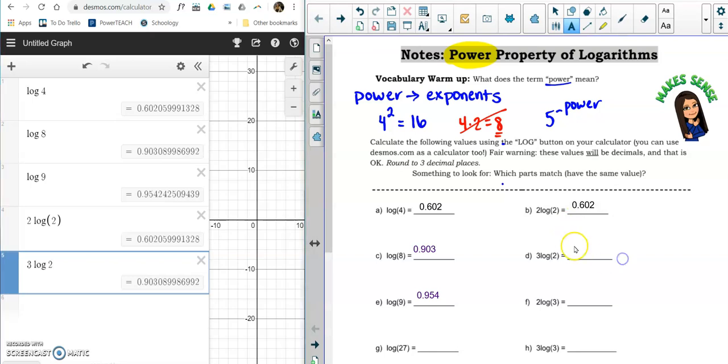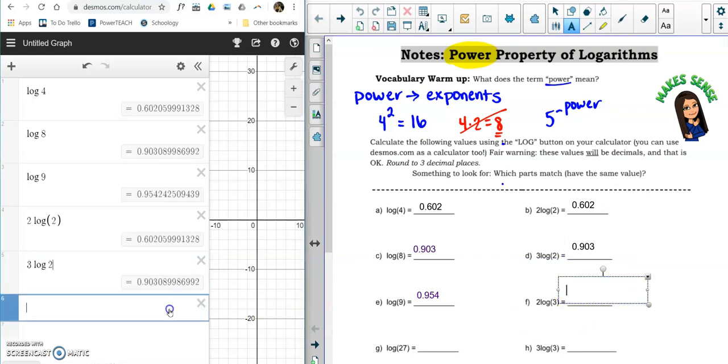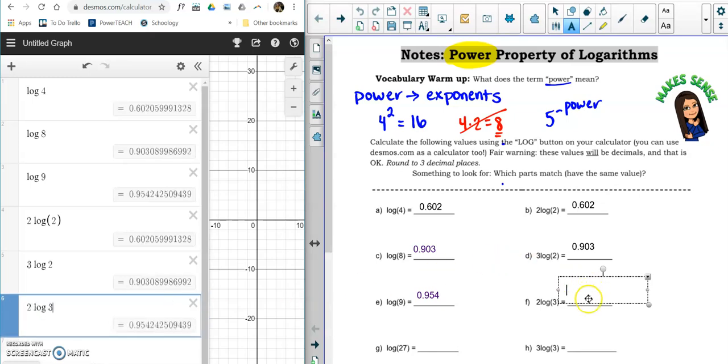That is going to be 0.903. And what if I take 2 and I multiply that by the log of 3 instead? That's going to be 0.954.